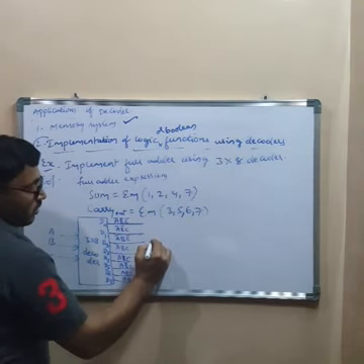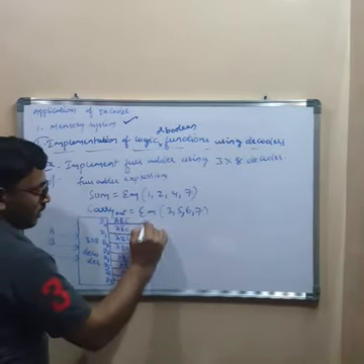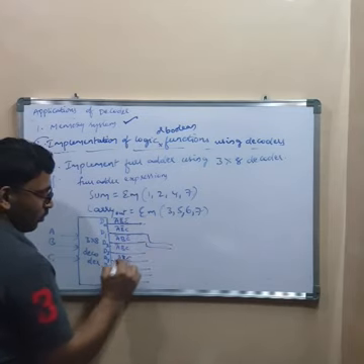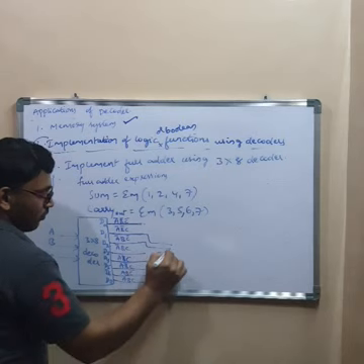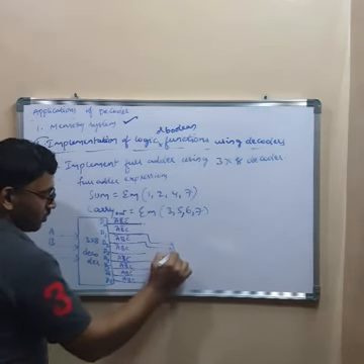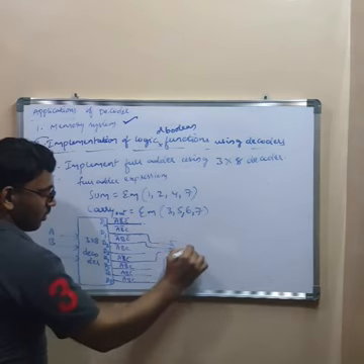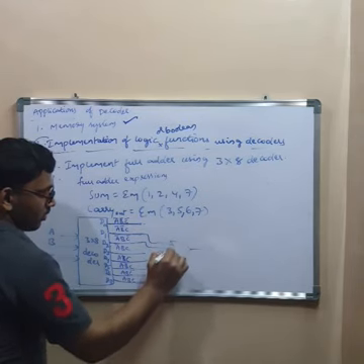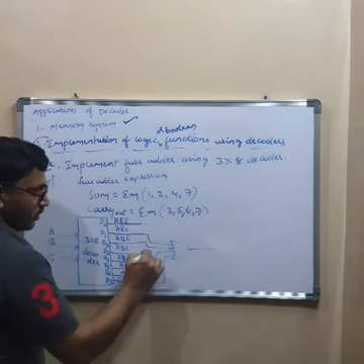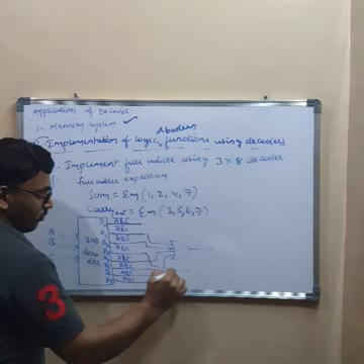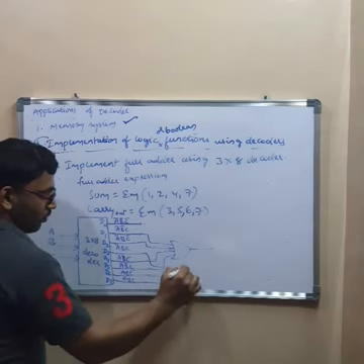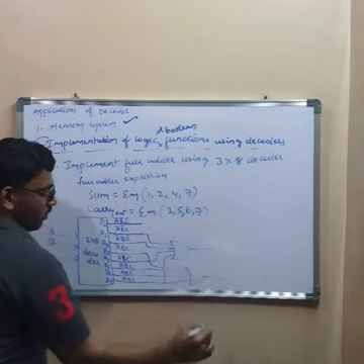1, 2, 4, 7: I will simply connect 1, 2, 4, 7 to an OR gate. Next, I will connect 3, 5, 6, 7 to one more OR gate.